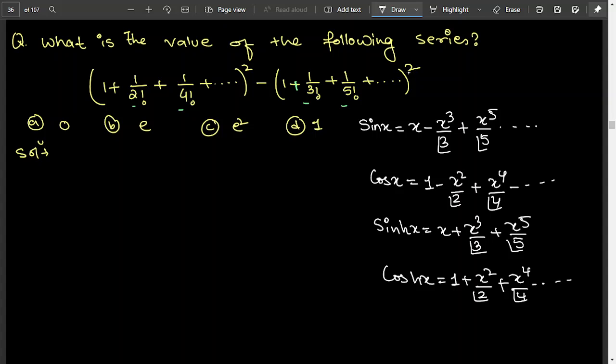And there's one more thing, expansion of exponent will be 1 plus x plus x square upon 2 factorial plus x cube upon 3 factorial and so on.